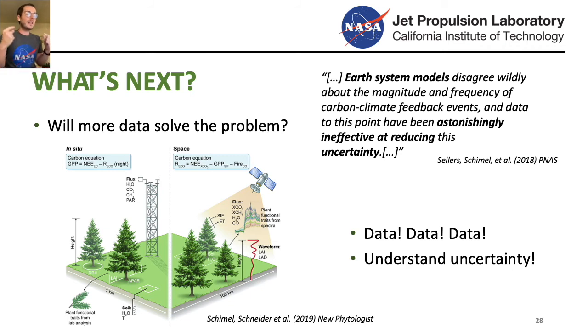But more than just having more and more data, we need to understand uncertainty in this data, what we need to do to reduce uncertainty, and how we bridge an in situ measurement with a flux tower from the sky. And this is a completely open question.